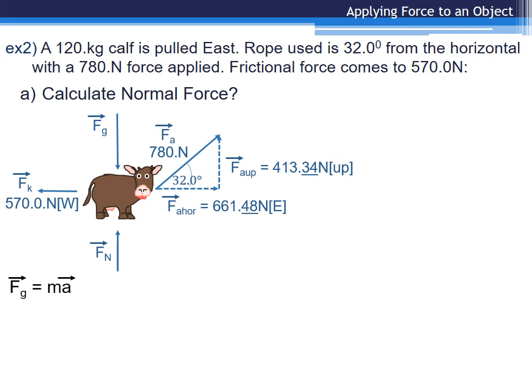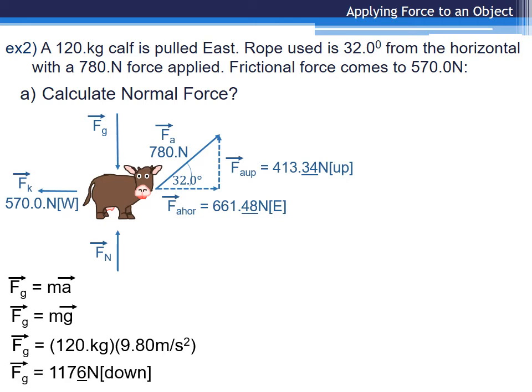And when we're talking about gravity, that's the acceleration due to gravity. I know the mass of the calf, and acceleration due to gravity is always 9.80 meters per second squared. So when I run that through my calculator, that gives me 1,176 newtons, and of course gravity pushes down.